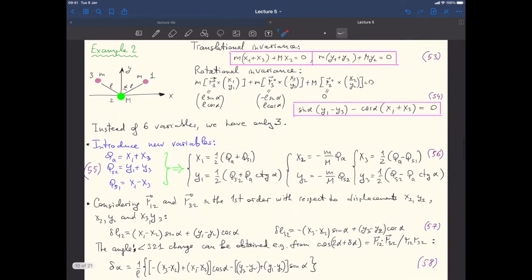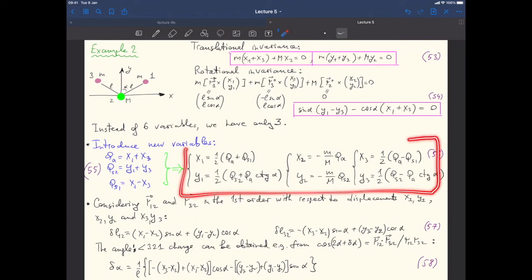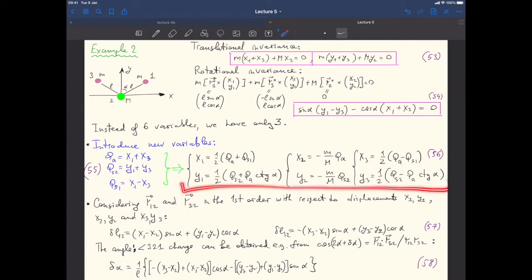You can consider various choices here, but this seems to be a good one: x1 plus x3, x1 minus x3, and y1 plus y3. And you can easily see, using these 3 conditions, that all 6 coordinates of our atoms can be expressed uniquely by these 3 q coordinates, and these are given here.